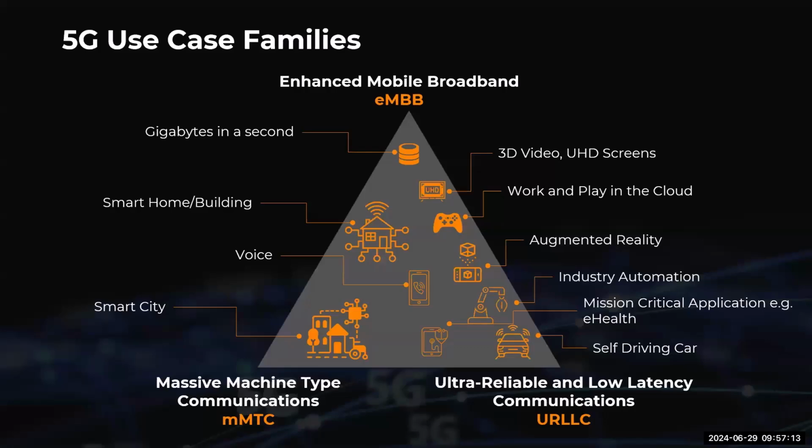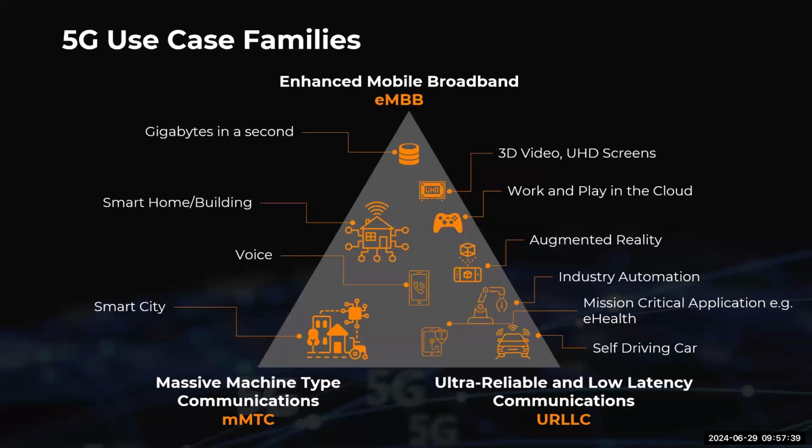And then we also have the ultra reliable and low latency communications or URLLC, which is applicable for mission critical applications like e-health, remote surgery, and self-driving cars, where latency is very important. The response of our network must be instant.